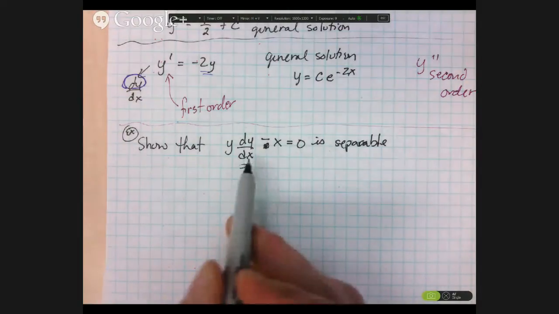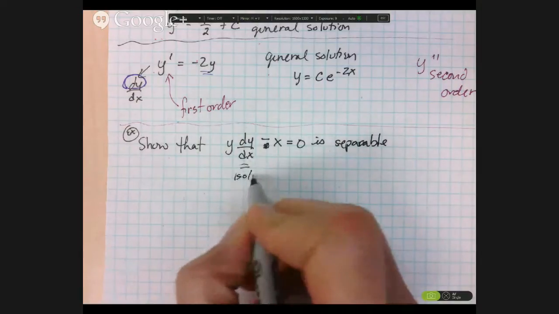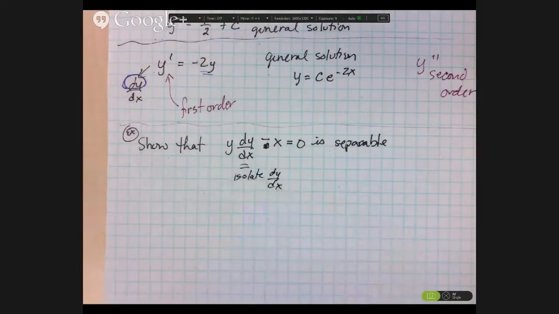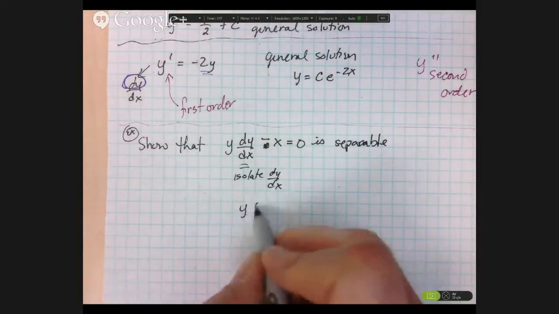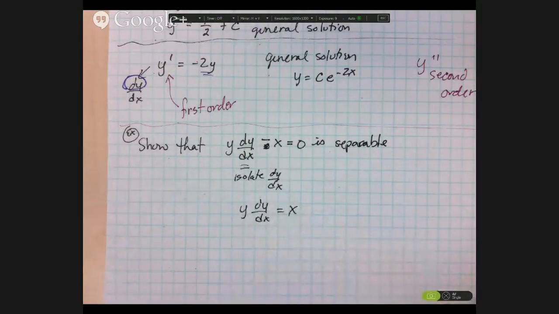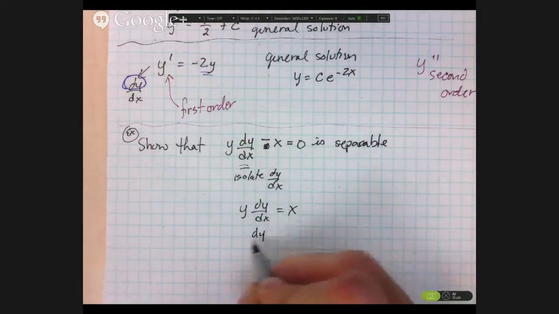Okay, so basically, isolate dy dx. So add x, right? And then divide by y.